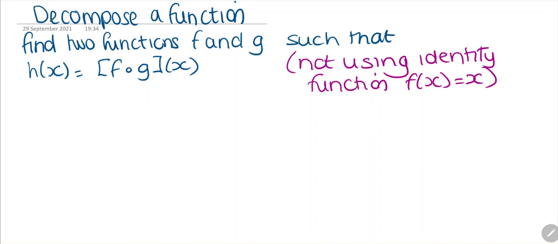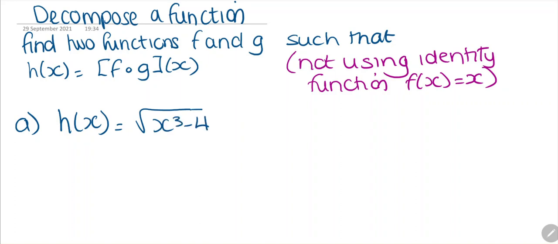So our first question that we have, a given h of x is the root of x cubed minus 4. So we need to think about how we can form two functions.